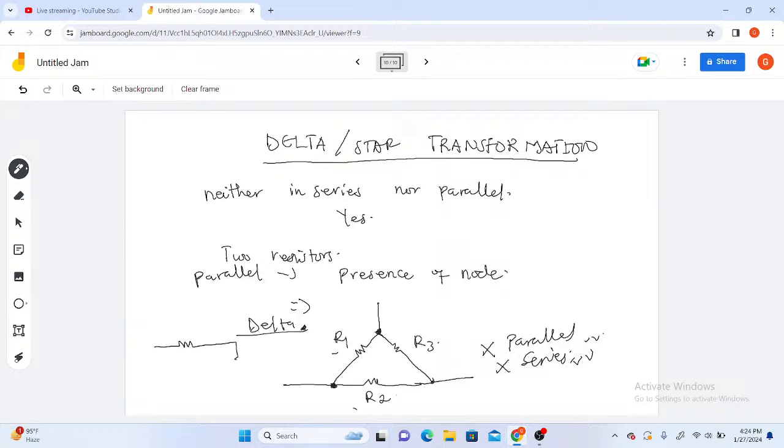You have one here, then you finally have one down here. You get it? So this R1, R2, R3 is said to be in a delta form or delta arrangement.